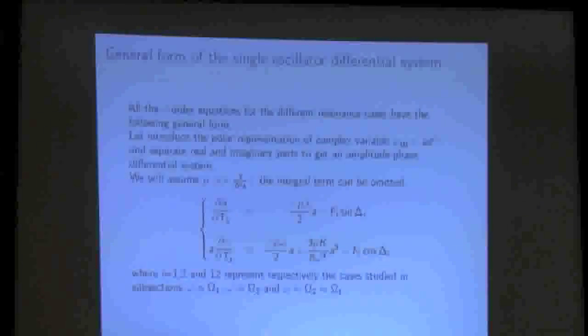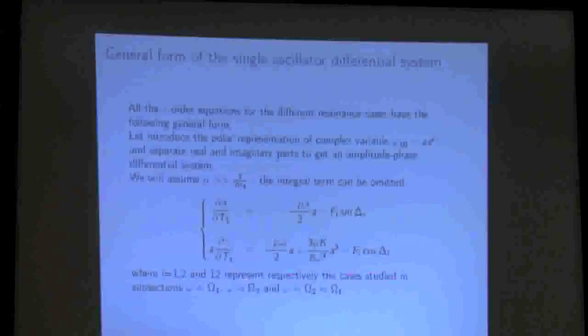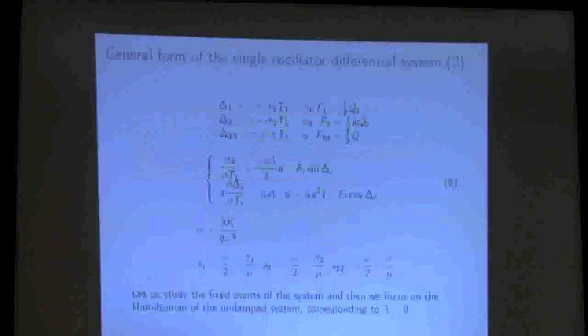And in all the cases, we have the same kind of expression, except that, okay, if I say that 1, 2 represents the three cases, omega close to omega 1, omega close to omega 2, and the global resonance case, I have slightly different constants in the general form of the differential equations.